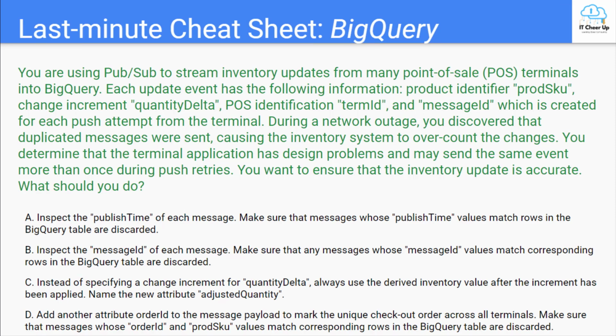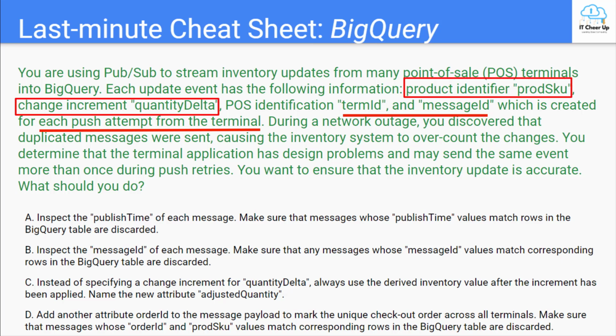This one does need time to analyze each answer. Pause the video when you are ready to check the answer. I highlight the columns in each update event. Answer A is wrong because different term IDs can publish the update event with the same publish time.